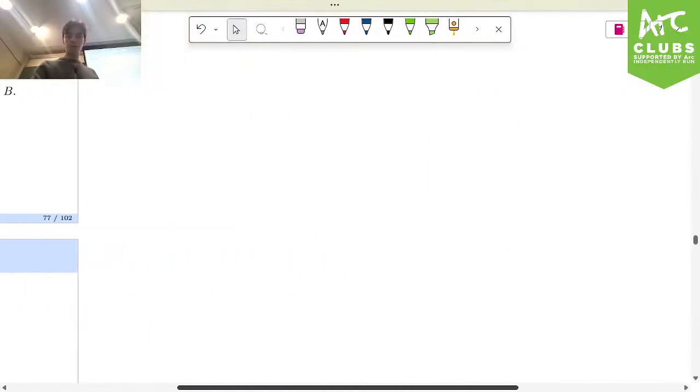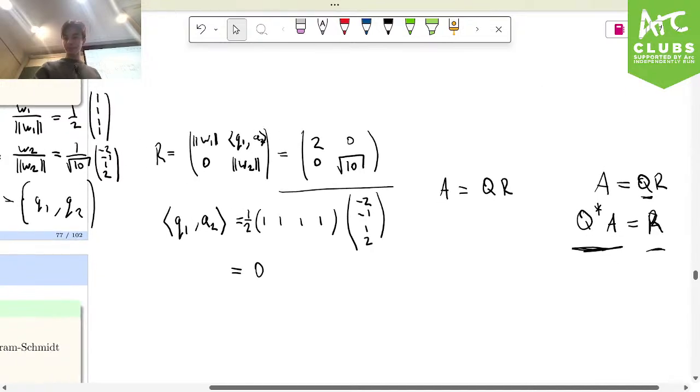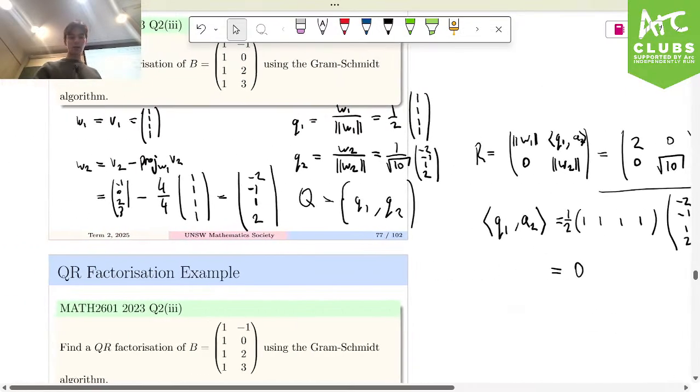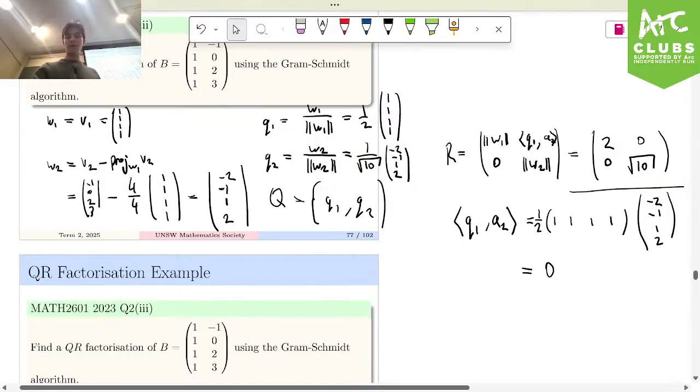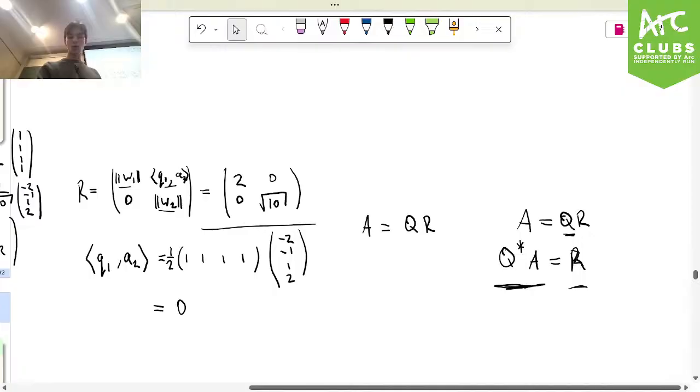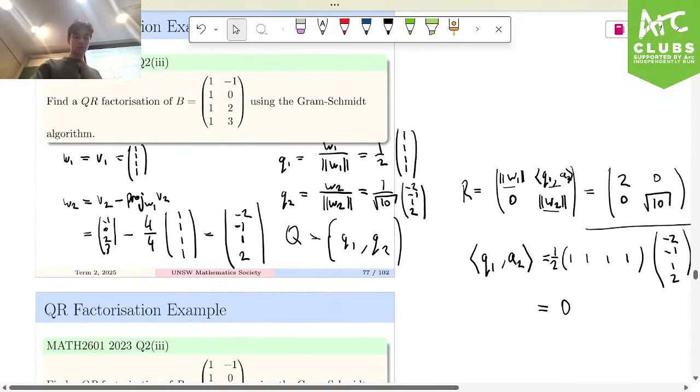I'm not sure what I did wrong there. But in any case, the method is clear. And that's how you would find it, either by filling in the entries manually or by performing a computation like this. All right, let's move on.